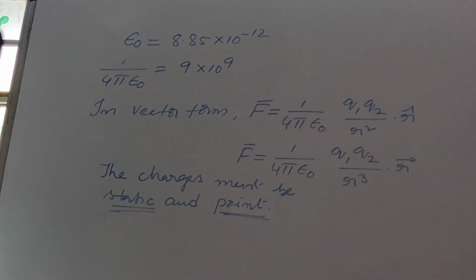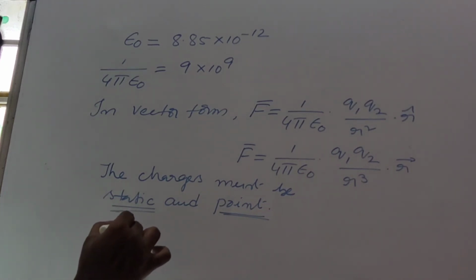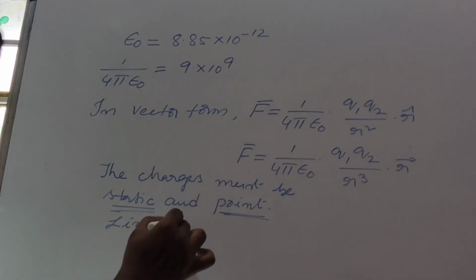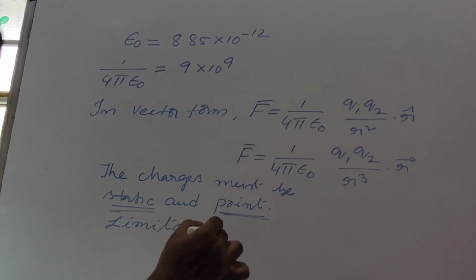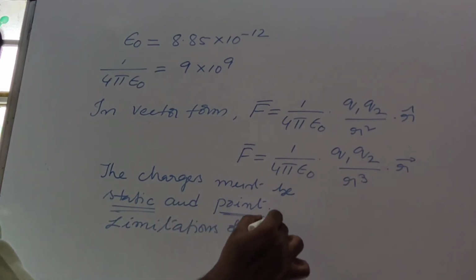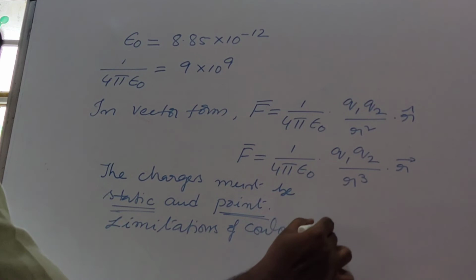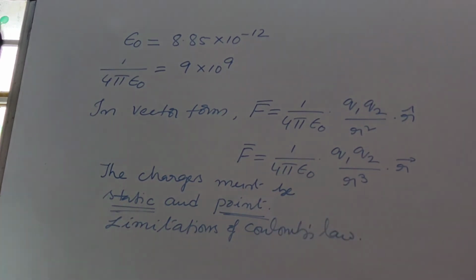These two are called limitations of Coulomb's law.